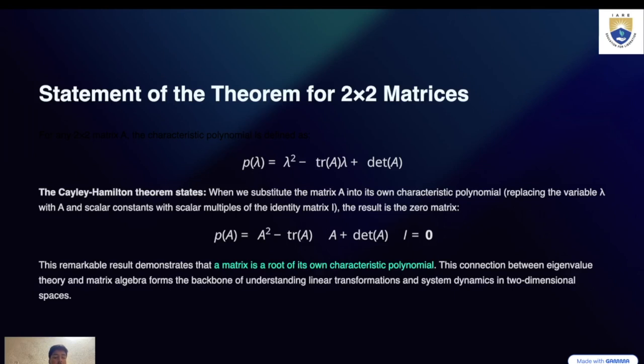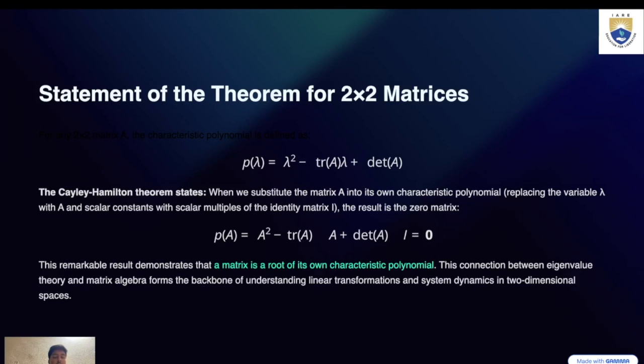For a 2 by 2 matrix, the Cayley-Hamilton equation is expressed as A squared minus trace of A times A plus det A times I equals 0. Here A is the matrix itself, trace A is the trace of the matrix, which is the sum of diagonal elements, det A is the determinant and I is the identity matrix.